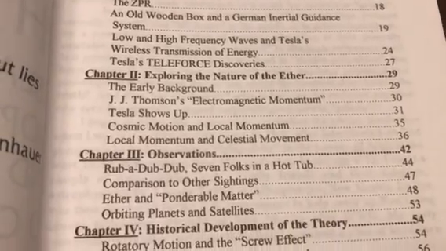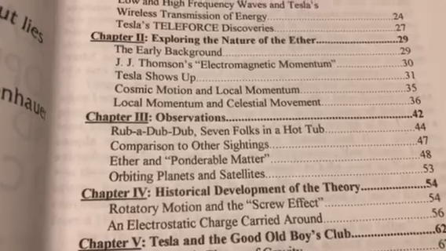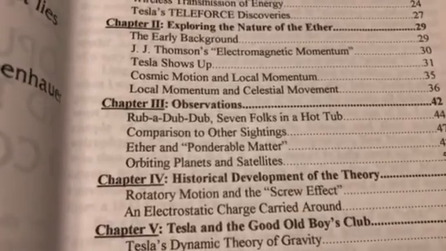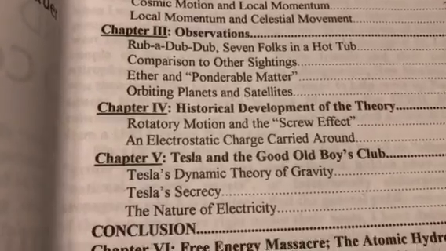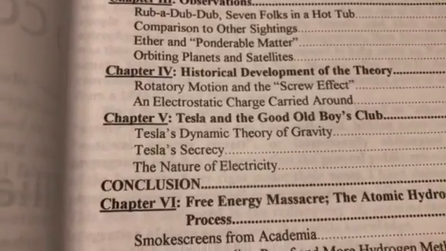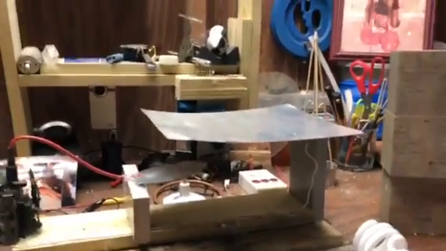J.J. Thomson's electromagnetic momentum. Tesla shows up. Cosmic motion, local momentum, ancestral movement. Work your way down. Tesla secrecy, Tesla dynamic theory of gravity. Bam. Okay? Get it. It's not expensive. It's dirt cheap. Get it on Amazon.